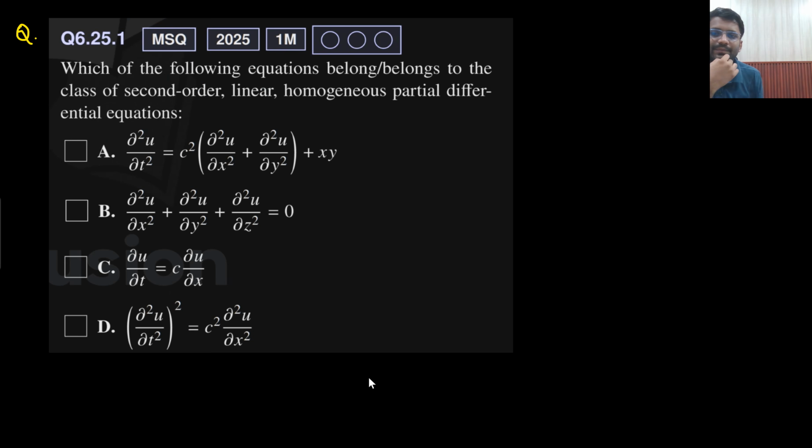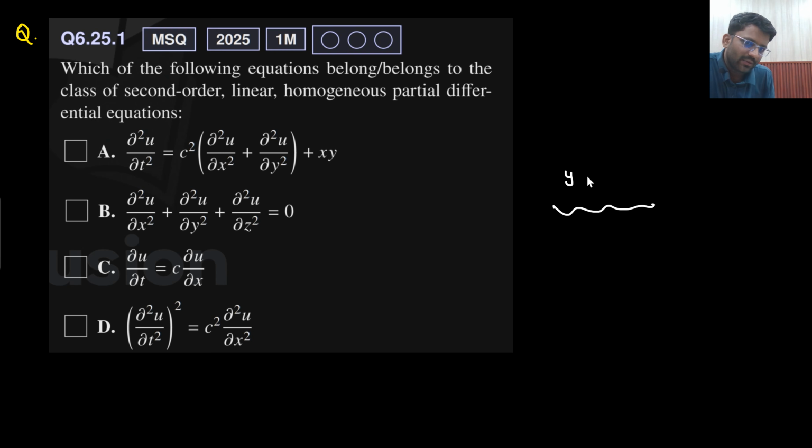Next question. Which of the following equations belongs to second order linear? I don't care; you need to tell what is the order, linearity, and whether it is homogeneous or not. In our single variable case, do you remember what a homogeneous function was?